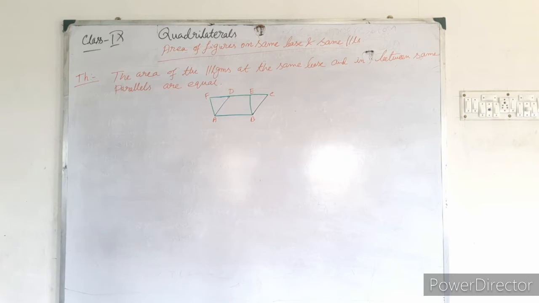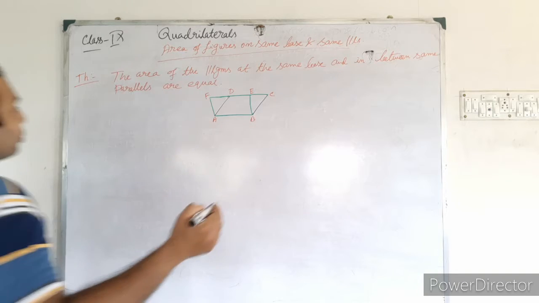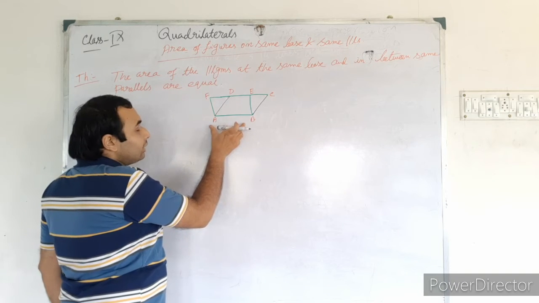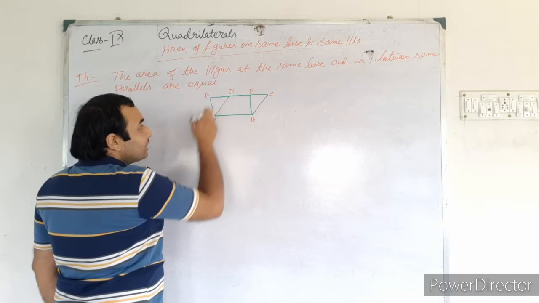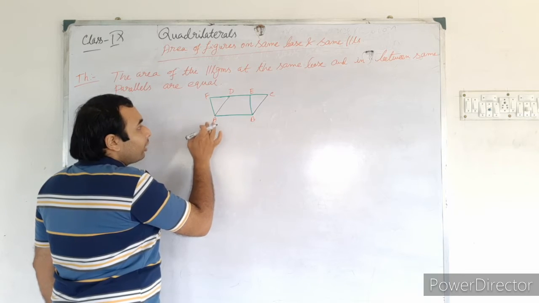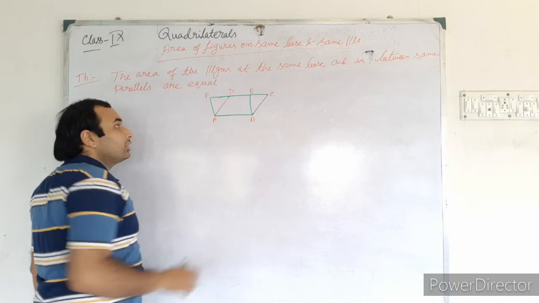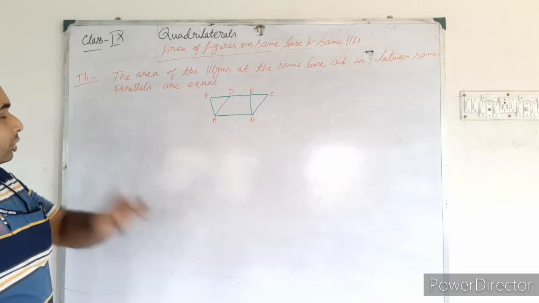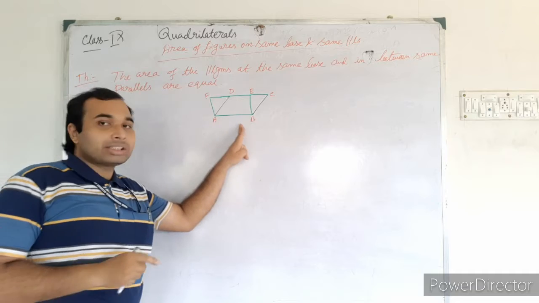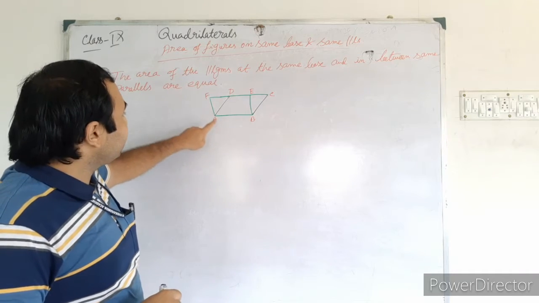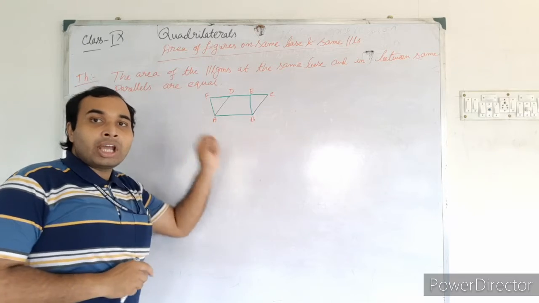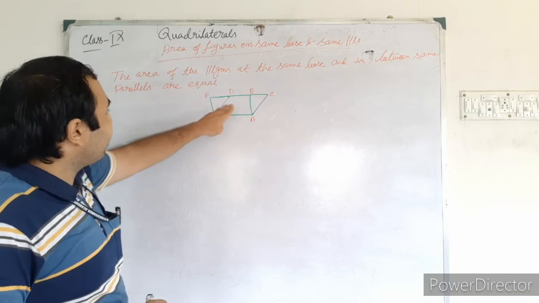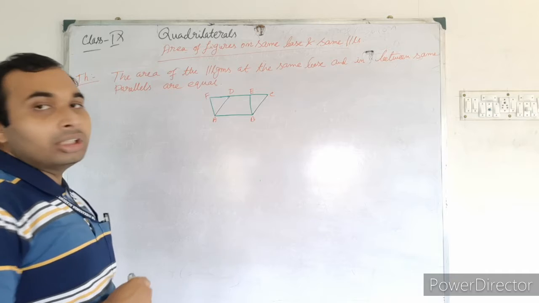Here we have drawn two parallelograms, with AB as the base: ABCD is one parallelogram and ABEF is another. Those parallelograms are at the same base AB and in between the same parallels AB and CF. We have to prove that the areas of those two parallelograms are equal.